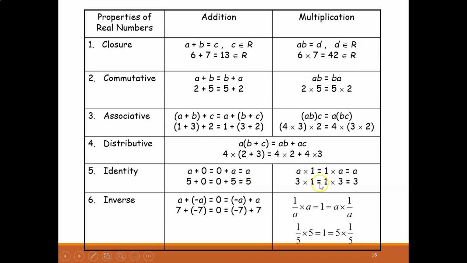For multiplication, you have any number, you multiply it with 1, then you will get that number also. Okay, so apa-apa number you tambah dengan 0, you will get that number balik kan. And then apa-apa number you multiply it with 1, you will get that number back. So maksudnya that one is identity. You dapat nombor tu semula. You get that number again. And then the last property will be inverse.